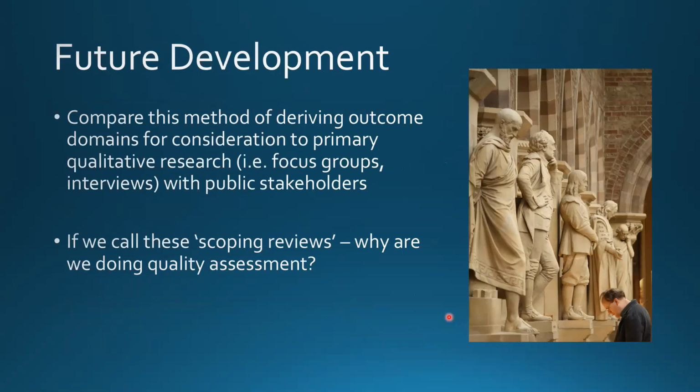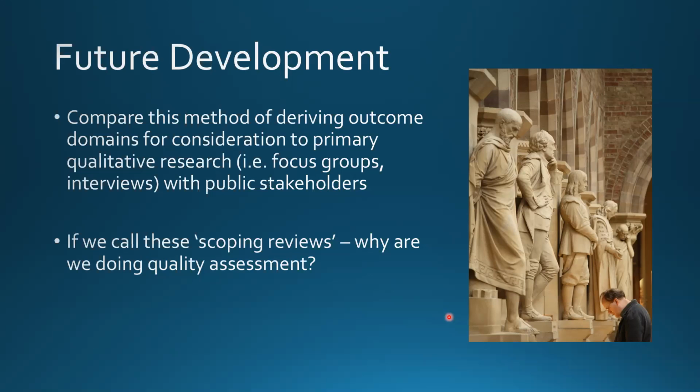Do they identify the same outcome domains or issues? What is the cost or resource for both of those, and also what's the utility in the consensus development process in terms of the amount of discussion that's generated?